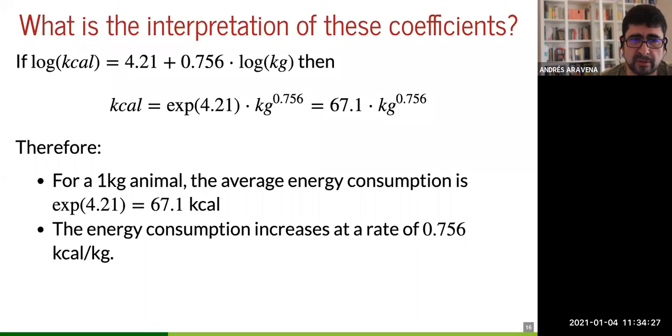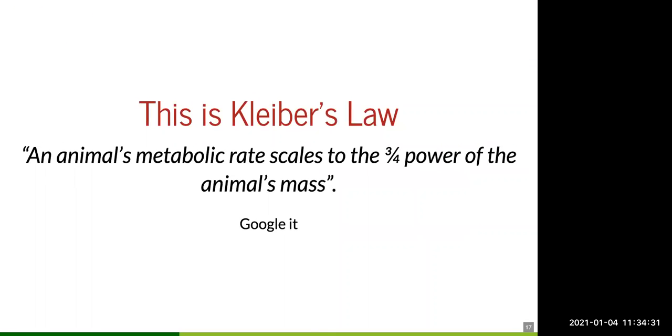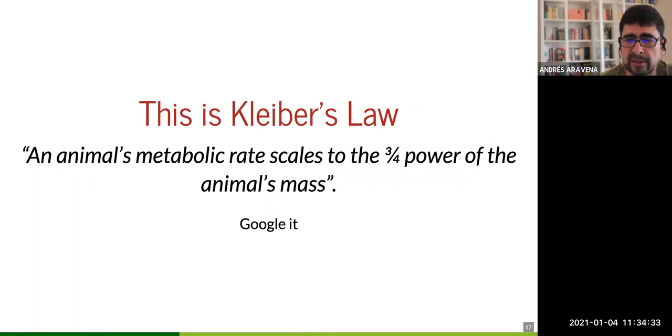Fine. Any question? No. That is what Kleiber did. So that is the first point. What we did is this. Last class we saw that when we have points that seem to be in a line, we can use this LM to get the best line, and we get the coefficients, and the coefficients are useful per se.